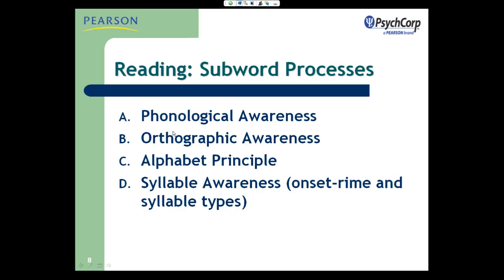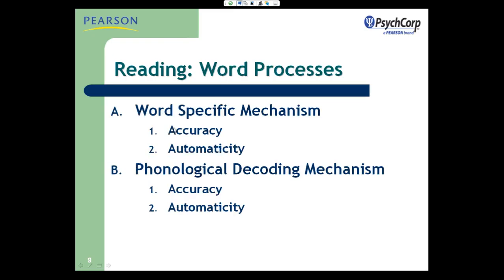Well, if you think about reading, reading really looks at a number of component processes. And I mentioned before that when you think about reading, the primary component is the single word. That is the basic unit in which we represent language in our own mental dictionary.